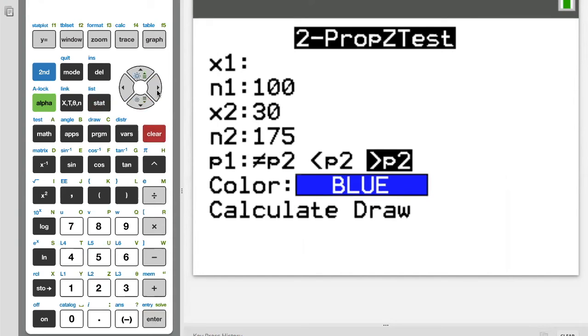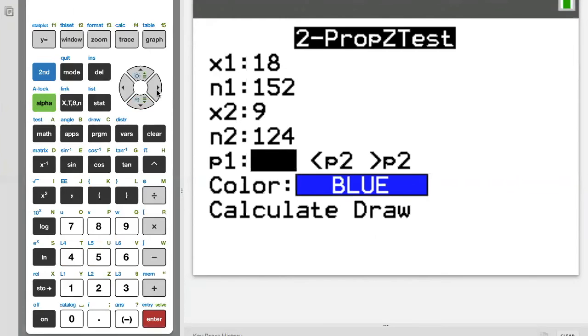So in our model problem, right, our number of successes was 18 brown M&Ms with a total of 152 plain M&Ms. In the peanut bag, we had 9 M&Ms out of 124 that were brown. We set our alternative hypothesis, so we said that P1 does not equal P2, and then calculate.